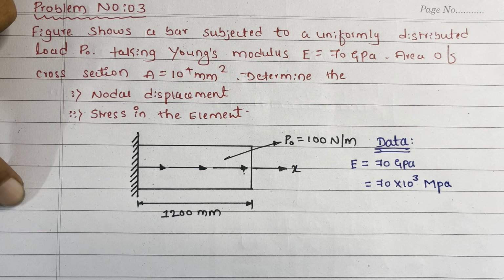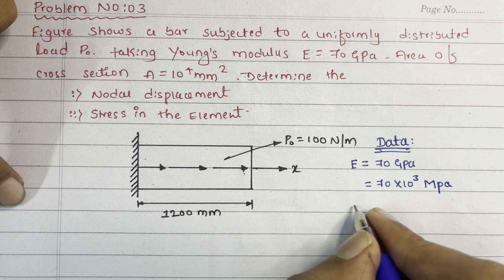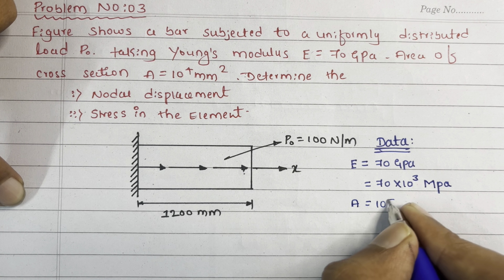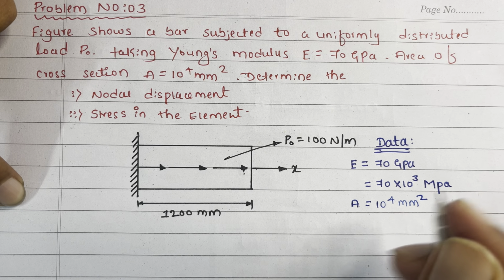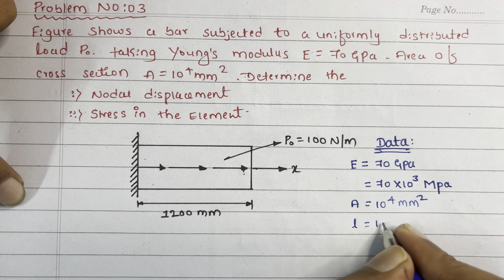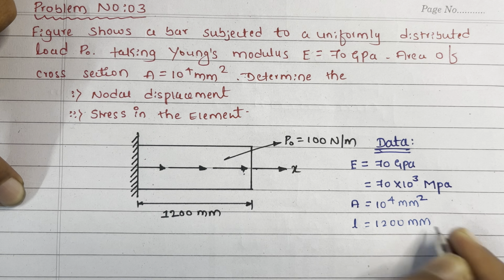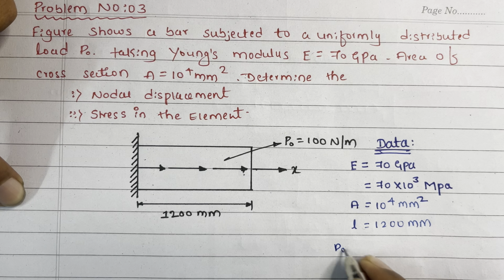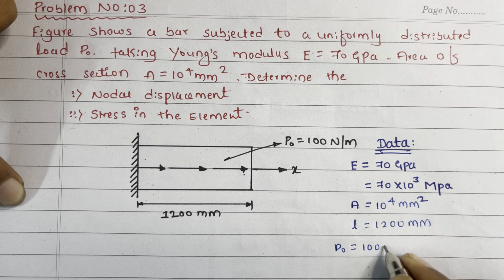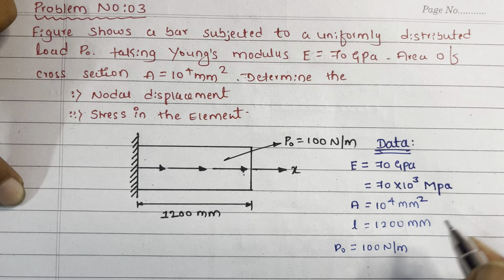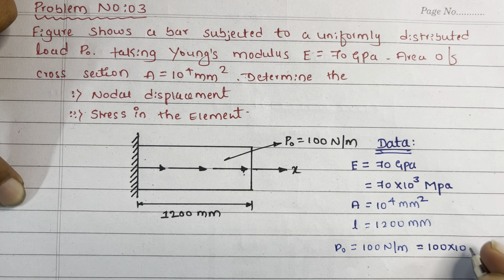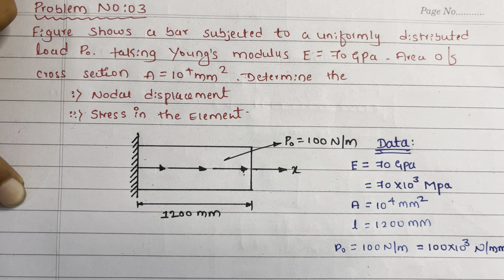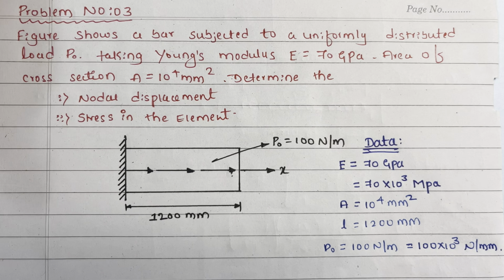Now area is 10 raised to 4 mm square, then length is 1200 mm. Next P naught is 100 Newton per meter, so we have to convert this into mm, that is 100 into 10 raised to 3 Newton per mm.